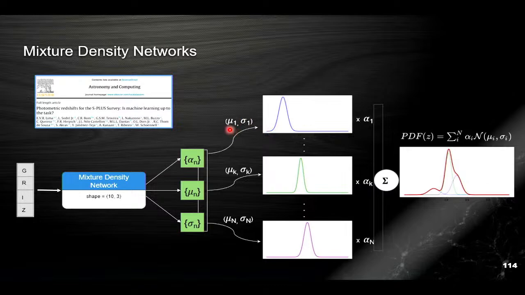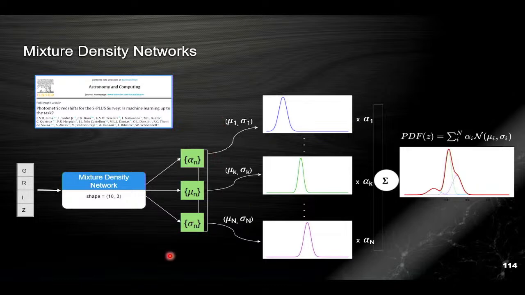That will be mu 1, sigma 1, that define the Gaussian, the mean and the standard deviation, weighted by alpha 1. So mu k, sigma k will be weighted by alpha k, and so on and so forth. You need to define how many Gaussians you want, and then you combine everything together, sum up, and you get a very nice representation of a probability density function. Okay? Because you are forcing the neural network to predict it.